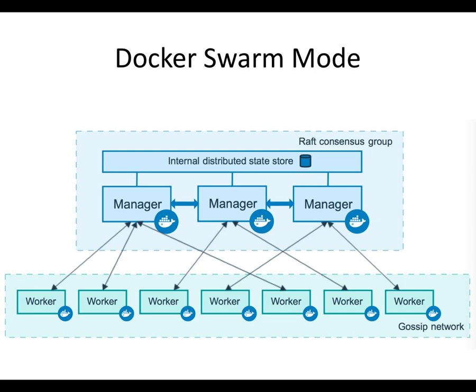And they elect a leader. They use the Raft protocol, just like the service discovery tools that we saw earlier. So they elect a leader, and they will share information in a strongly consistent manner. Those managers then talk to a set of workers. And you see, what do we see? It's like 7 worker nodes here. So you have manager nodes, and then you have worker nodes.